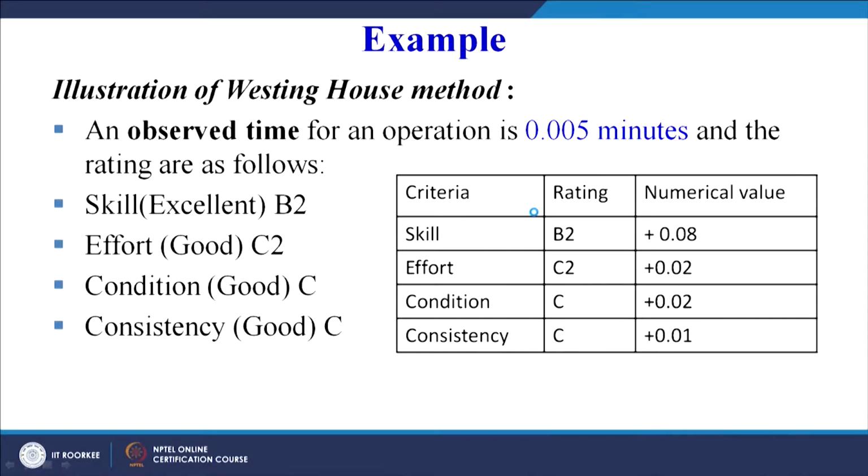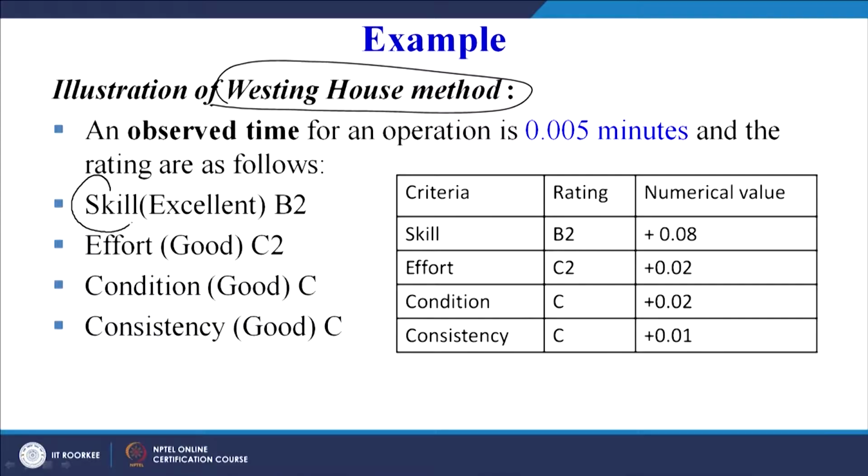So let us see now the last example for today. This is based on the Westinghouse method. All these methods we have already seen in our previous session, and if you remember, in the Westinghouse method there are 4 important factors which are given numerical values: skill, effort, conditions and consistency. These 4 parameters we have to take into account.